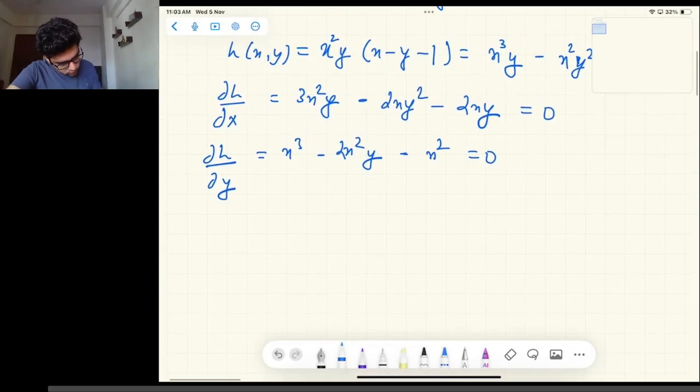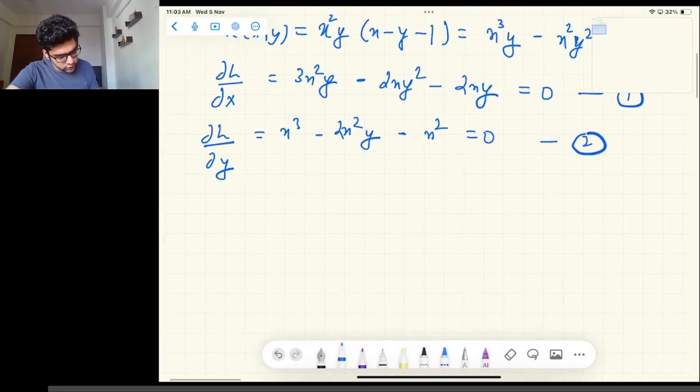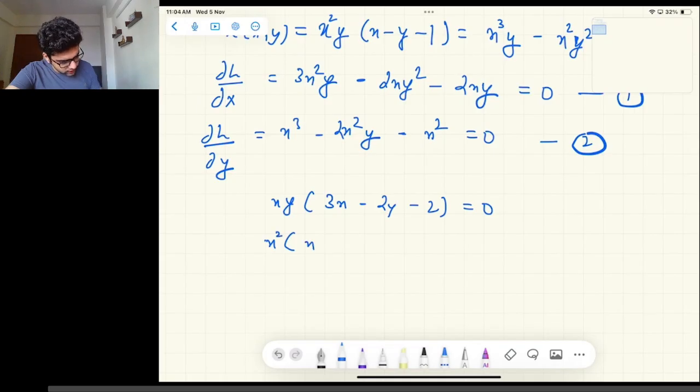I can take xy common from the first equation, which gives me 3x minus 2y minus 2 equal to 0, and take x squared common from the second equation, which gives me x minus 2y minus 1.